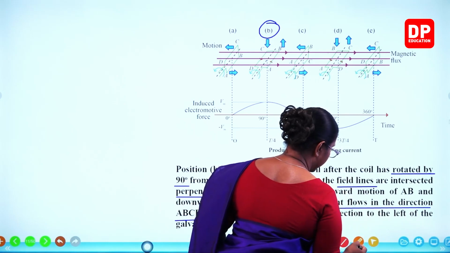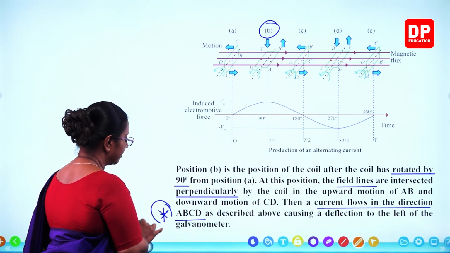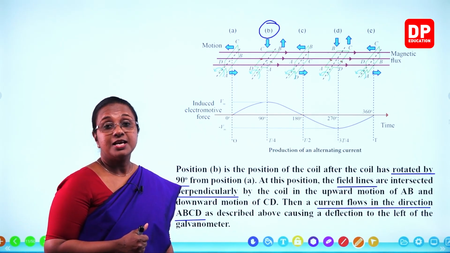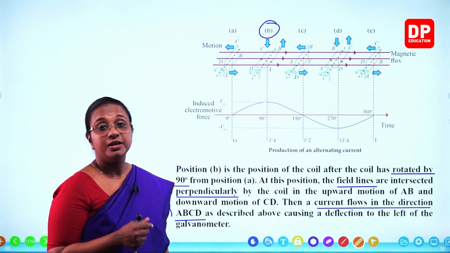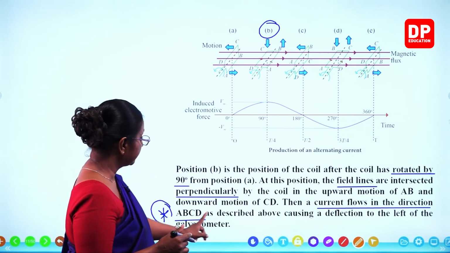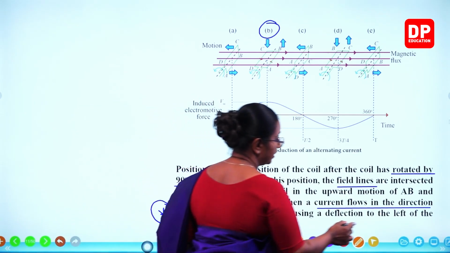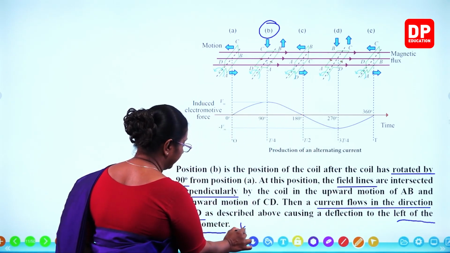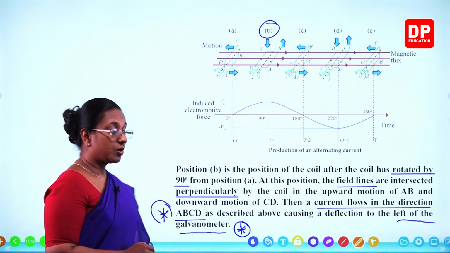Current flows in the direction ABCD. So, you can remember that. We use Fleming's right hand rule and we determine the direction of the current flow. Is that clear, students? So, ABCD direction, causing a deflection to the left of the galvanometer. Is that okay? So, then I'll move on to the next slide.